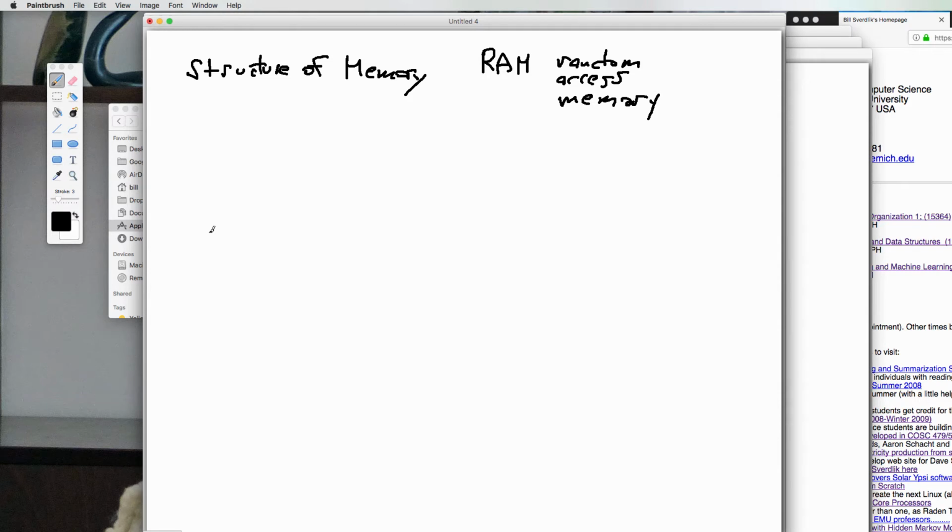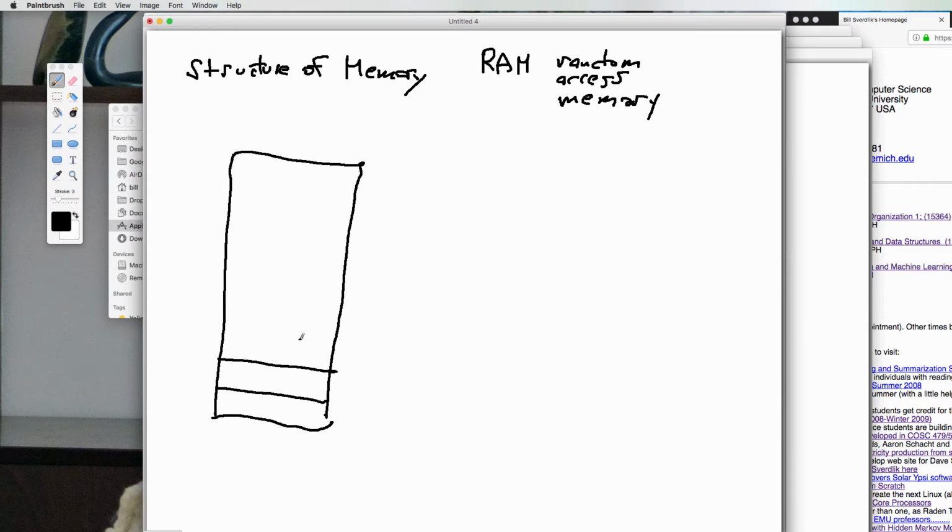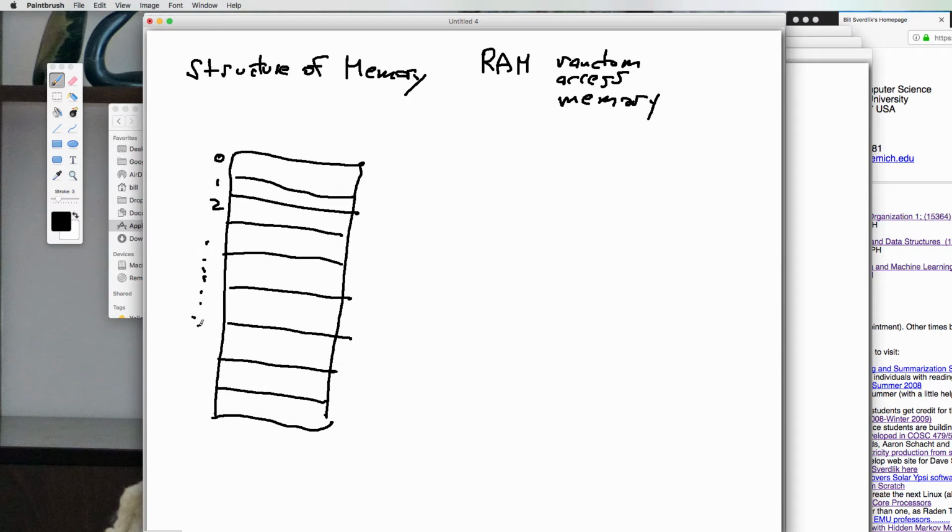And very frequently, when people talk about memory, people think about a big array. They think of something that looks like this. And in a modern day computer, each one of these slices here is numbered 0, 1, 2, and it goes up to some very big number.